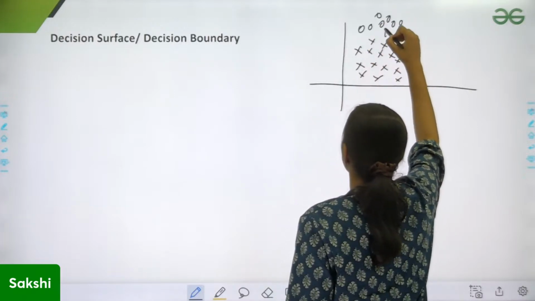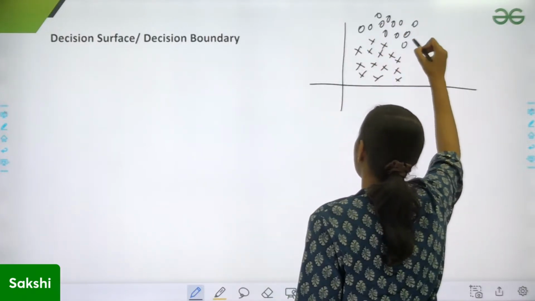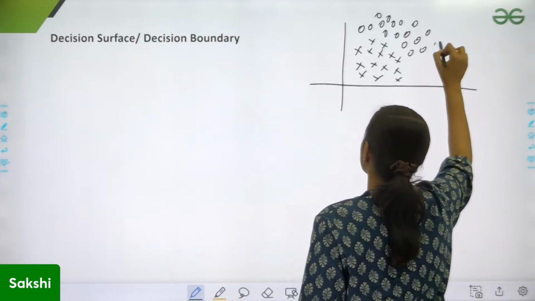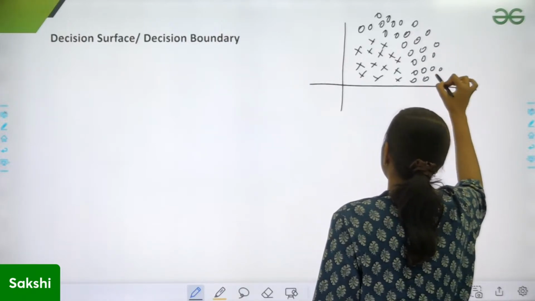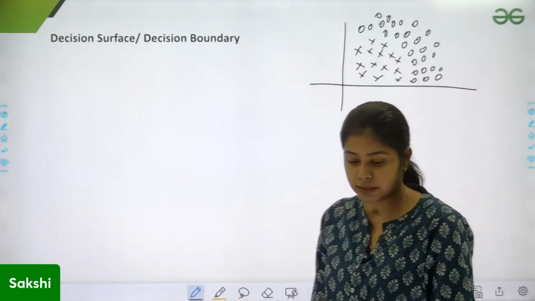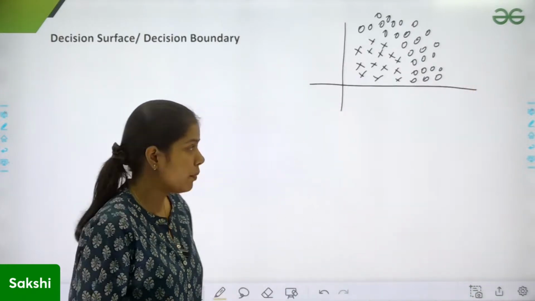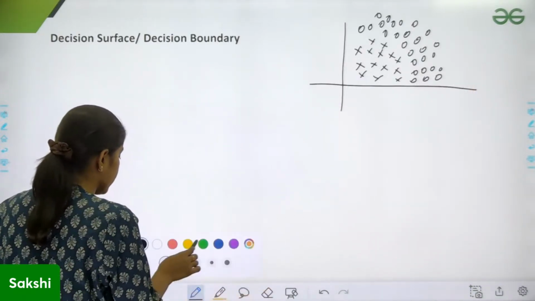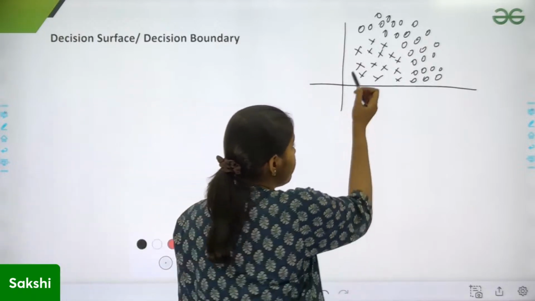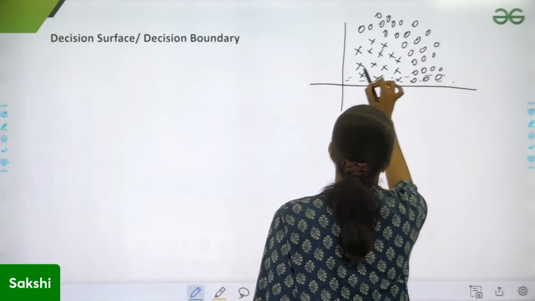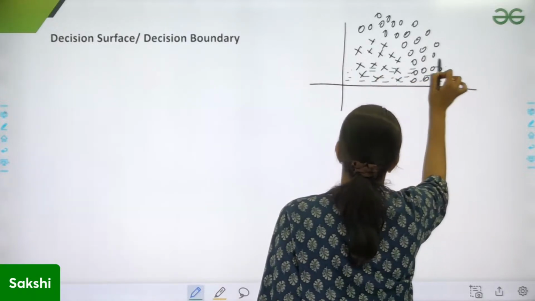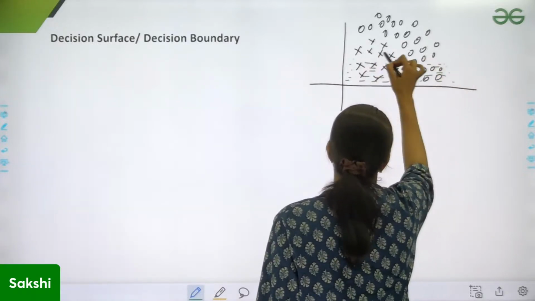This O mark shows that students are placed, and this cross mark shows that students are not placed, right? So I got this data set. So what would happen for decision boundary or decision surface? I'll form a grid here. That means I'll take so many points here, and take the value of k as you want.